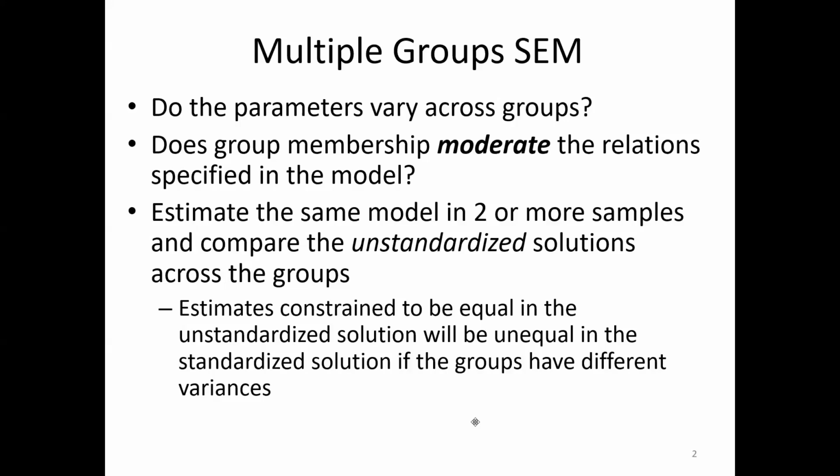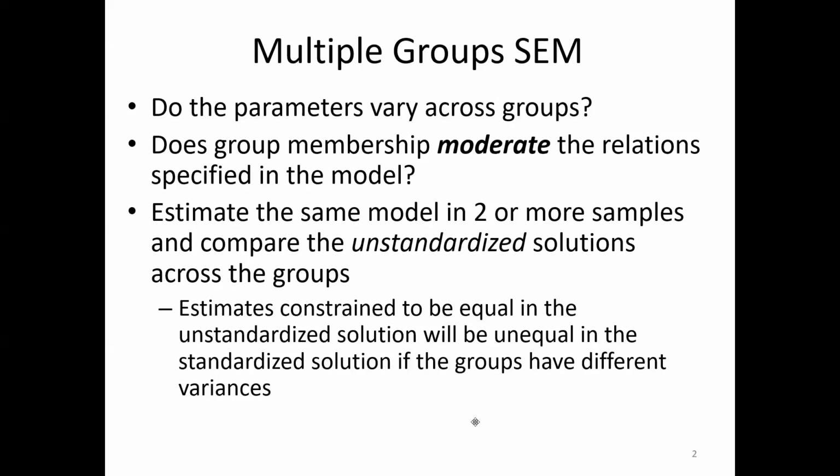So in this case, it's going to be when the latent variable is 0. Now, let's just assume for a minute, we haven't talked about scaling the latent variable mean much, but let's assume we scale the latent variable mean so that it has a mean of 0, which is what we'll generally do. And we'll talk about how we're going to deal with that in multiple groups in a minute.